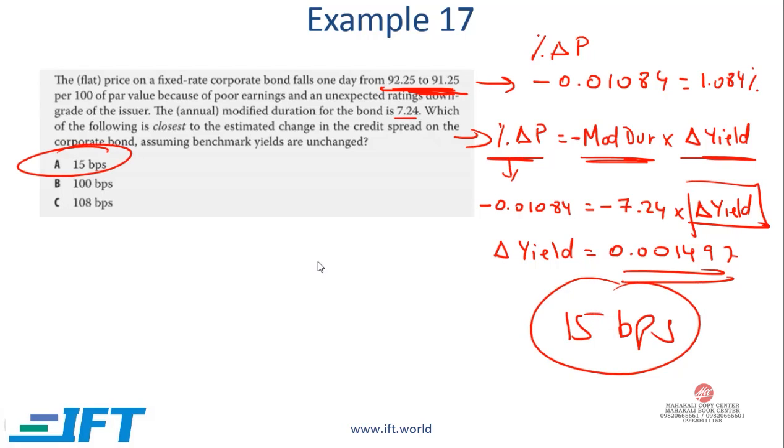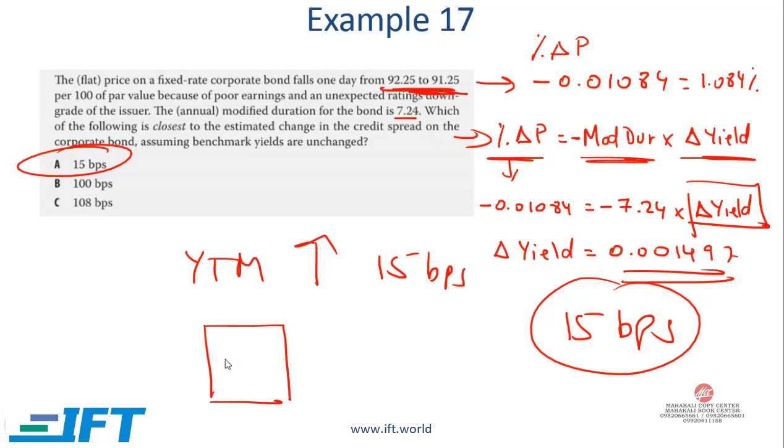And the interpretation is straightforward. When the bond is downgraded, the price comes down, which means the yield goes up. That yield goes up by 15 basis points. And if we think about what's going on, the yield to maturity is a function of the benchmark rate, so the interest rates in the market, let's say the government rate, plus the spread.